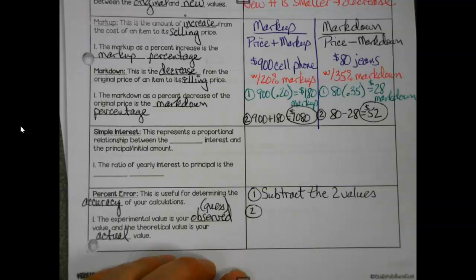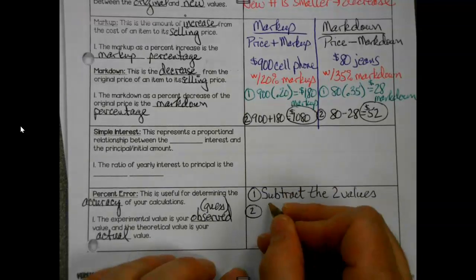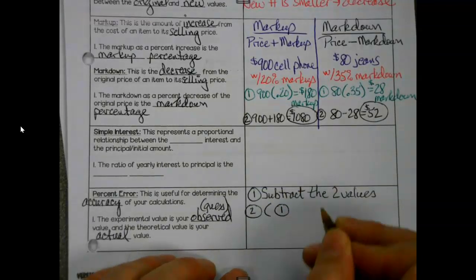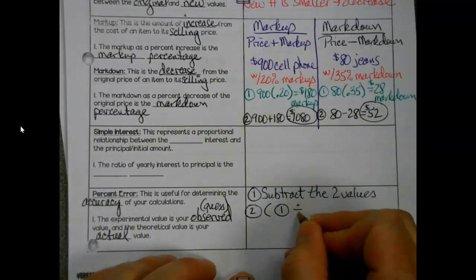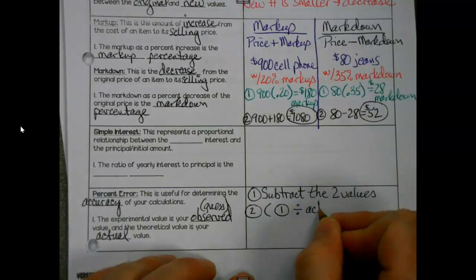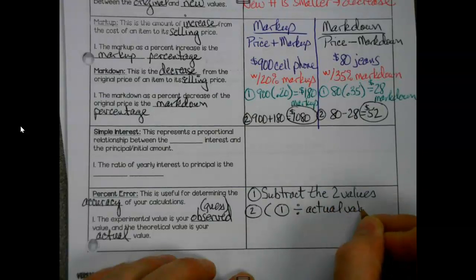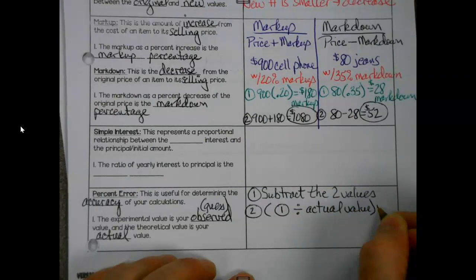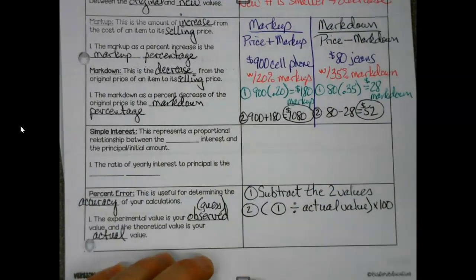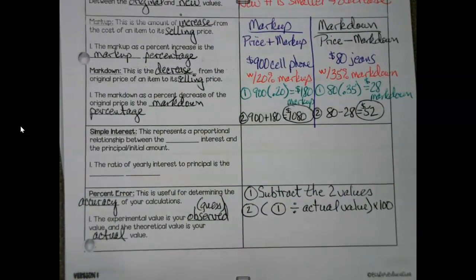Once we have that, we're going to take that answer from number 1, divide it by the actual value, and then multiply it by 100 to get back into a percentage.